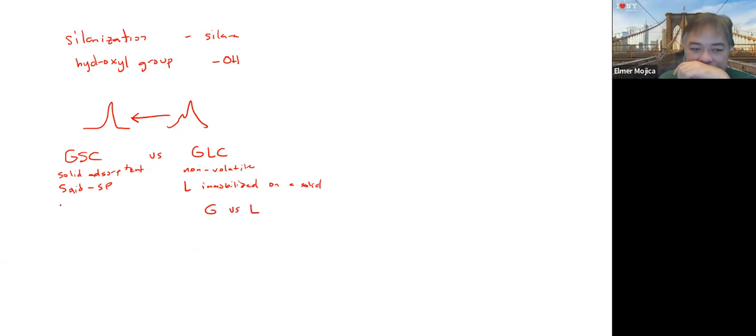Pero dito, it's mostly the retention of the component in the gaseous sample in the stationary phase. So we could say there's more of what? Absorption on this side. And this is more on what?